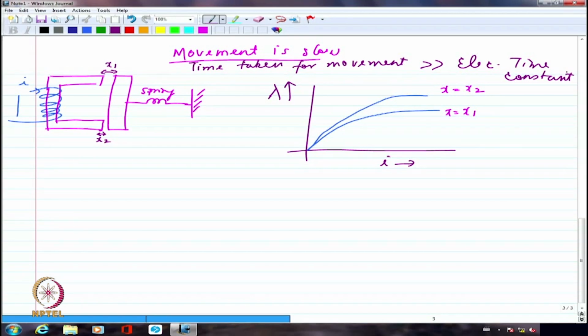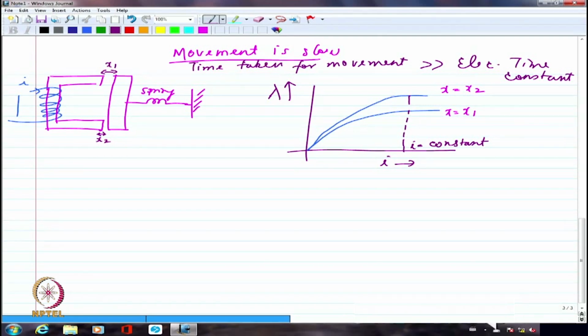So I'm going to look at one particular current value coming up like this. Maybe I'm just taking I equal to constant in this particular case. If it is an alternating current circuit, I have to look at I RMS to be a constant ultimately. Obviously, in an alternating current circuit, you can't expect the current to be a constant from instant to instant.